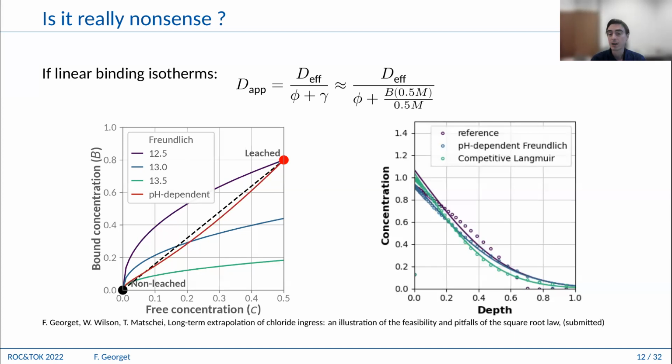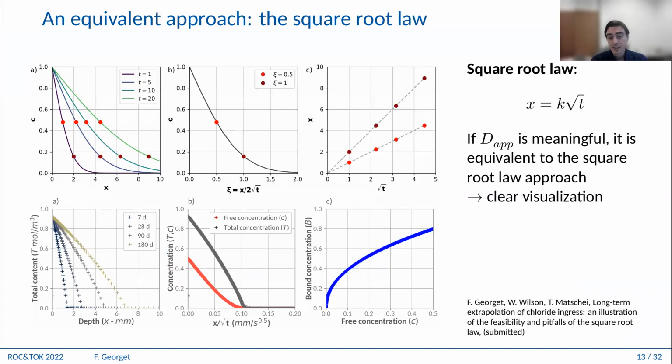It is not a nonsensical parameter. And in fact, we know that chloride ingress is governed by diffusion. And a process governed by diffusion has to respect the square root law.